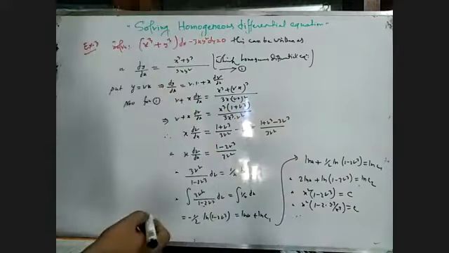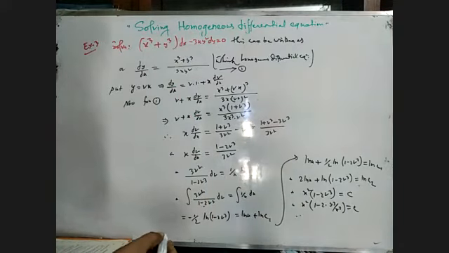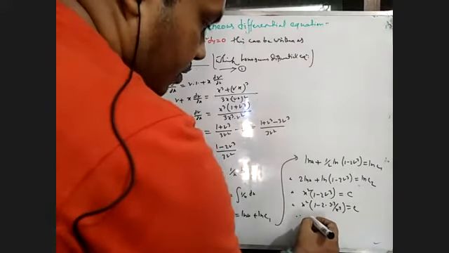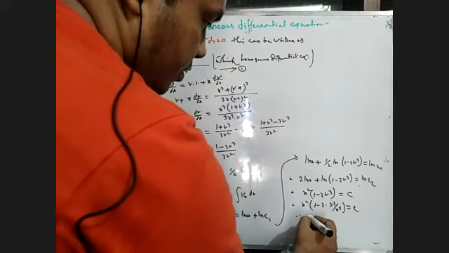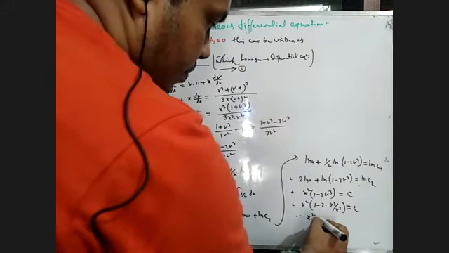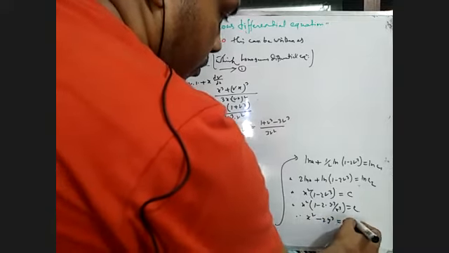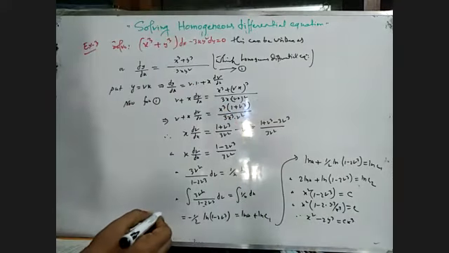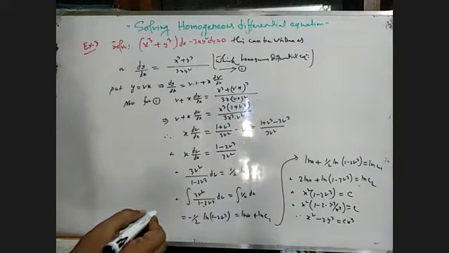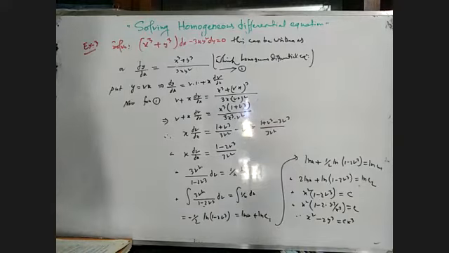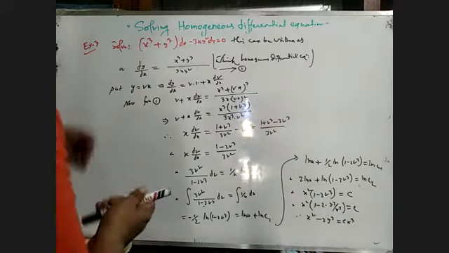Therefore, multiplying by x cube on both sides, we get y cube equals c x cube.